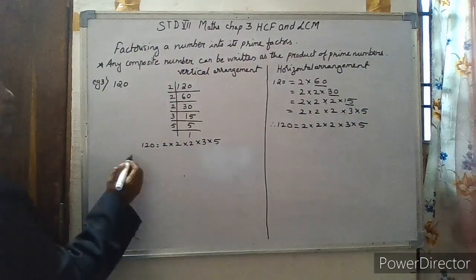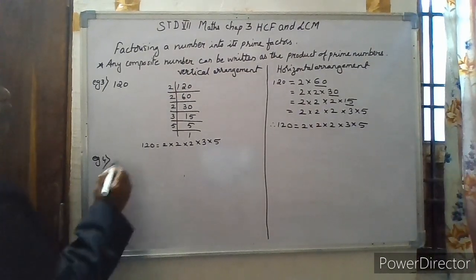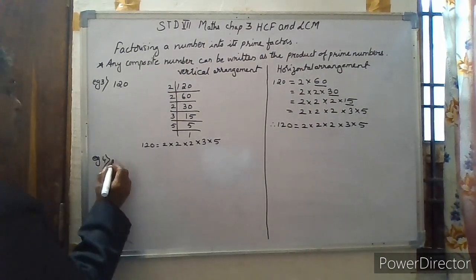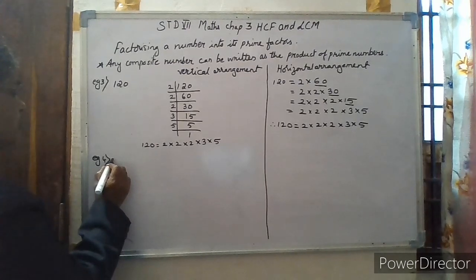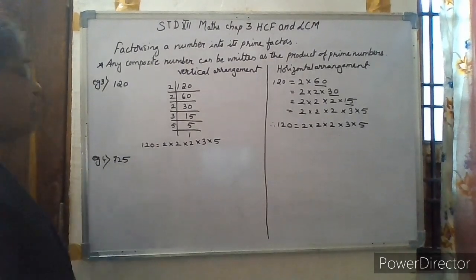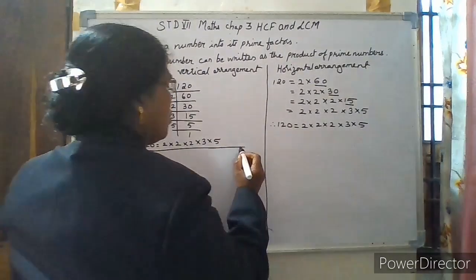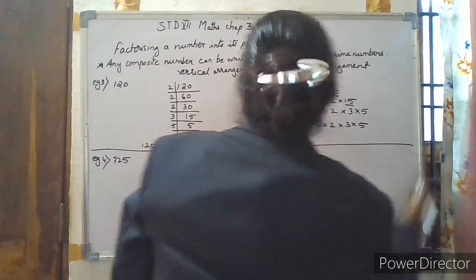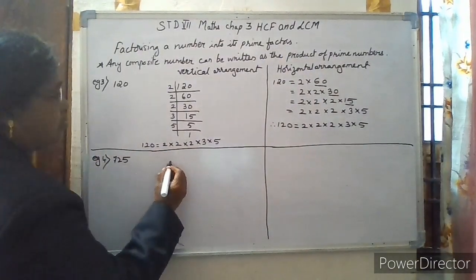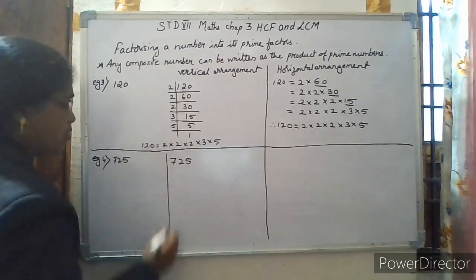Another example, example 4. Suppose 725. 725, vertical arrangement.